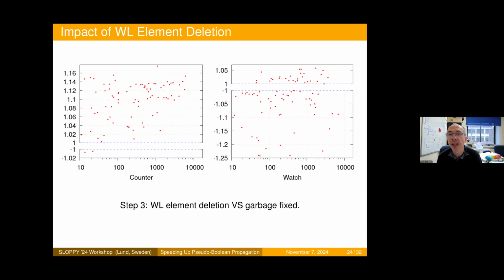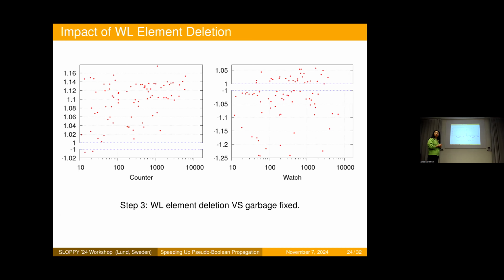Could you just decide for one instance to use everything counter-based or watch-based, or do you want to really do it for each single constraint? For now, we didn't distinguish which benchmarks we would like to use counter or watch. This is the general approach to be applied on all benchmarks.